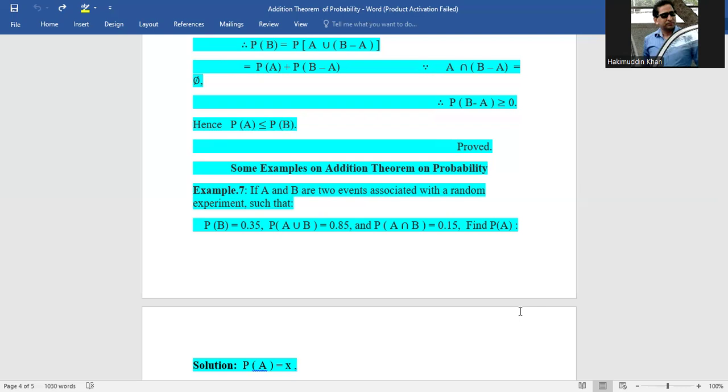So the first question is a direct question, where values are given directly and we have to find the unknown value.